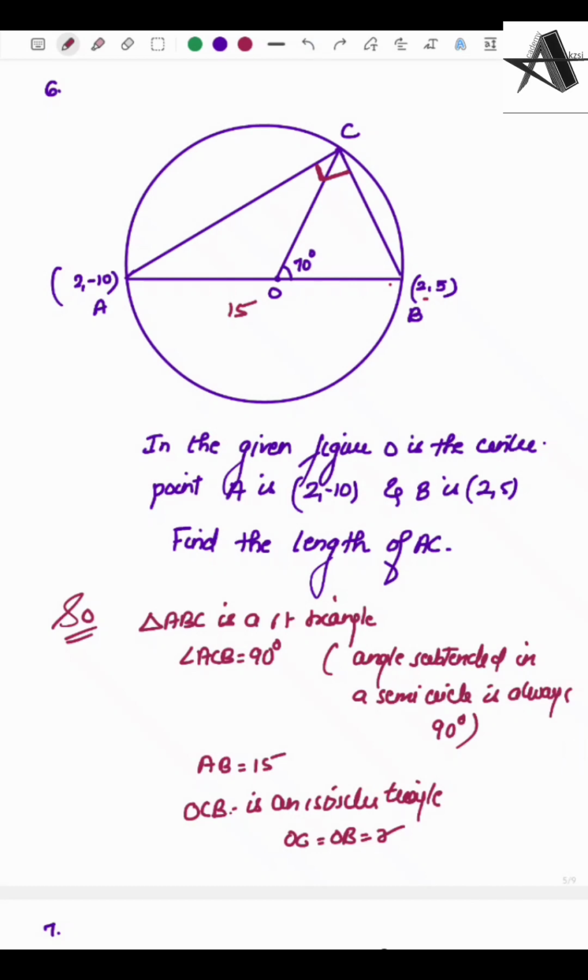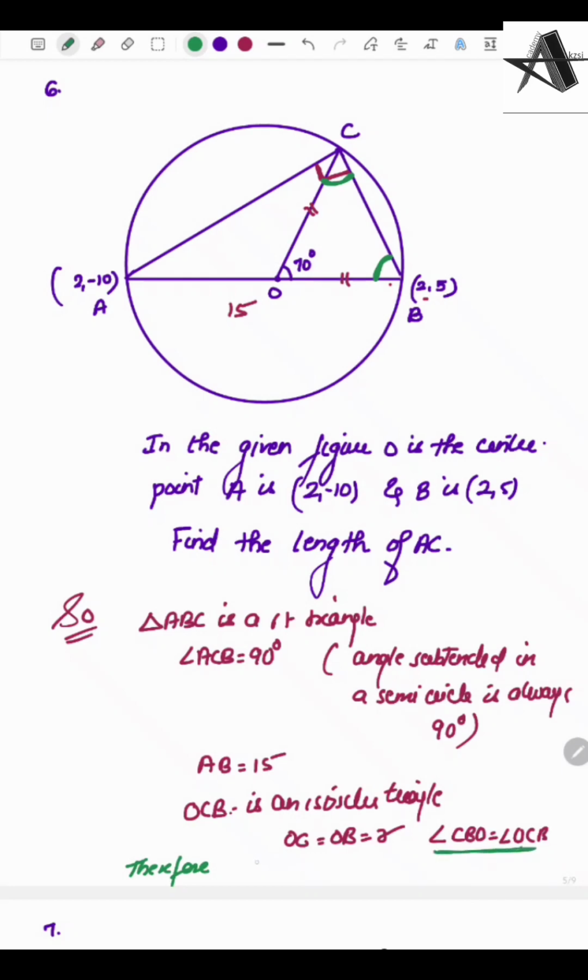That means angle CBO is equal to angle OCB. As this side and this side are equal, this angle and this angle will also be equal. This is a property of an isosceles triangle, which says the angles opposite the equal sides of an isosceles triangle are equal. Therefore these two angles are equal.